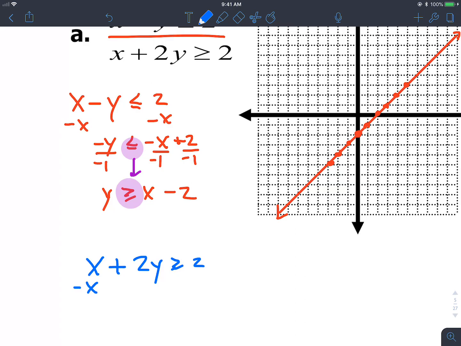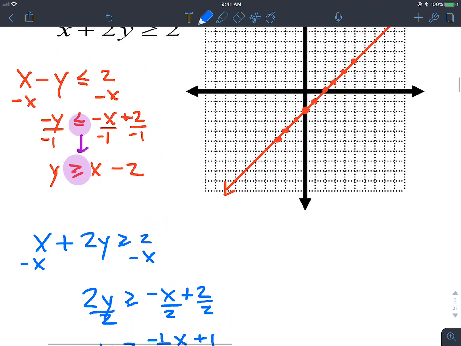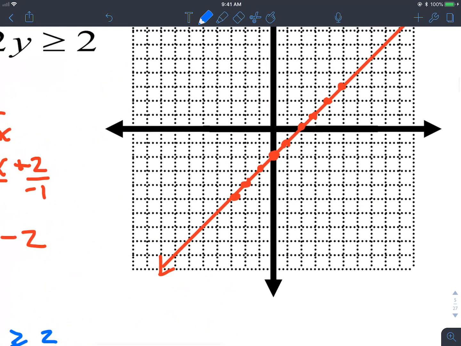We're going to subtract x, so that's 2y greater than or equal to negative x plus 2, and then divide everything by 2. So y is greater than or equal to negative 1/2 x plus 1. That'll start at 1, with a slope of negative 1/2.